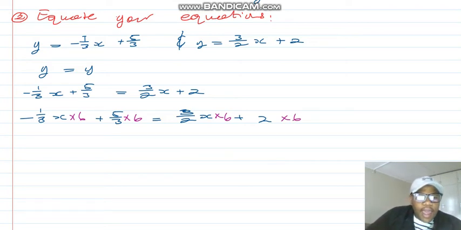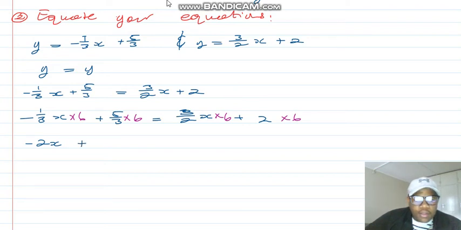And what I'll actually have is the following. Here I would have minus 2x, right? And over here, I will just have plus 10.